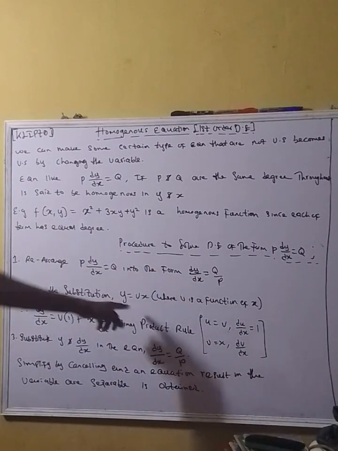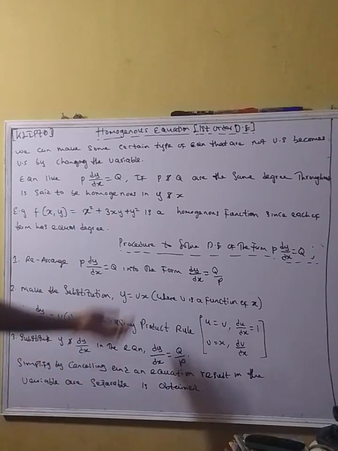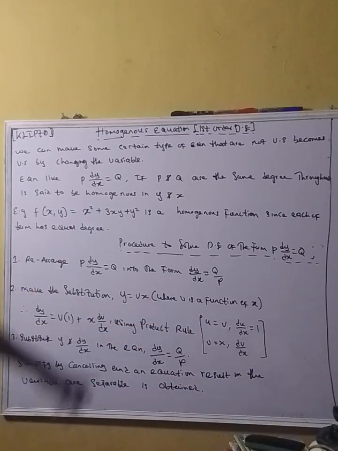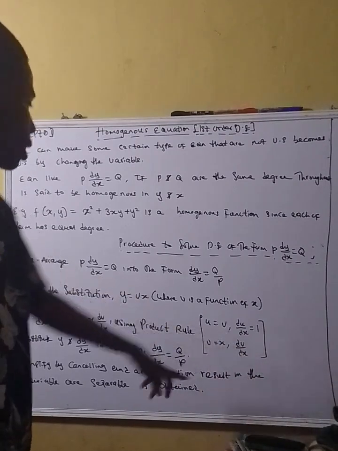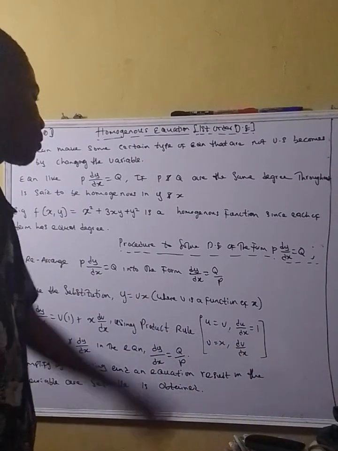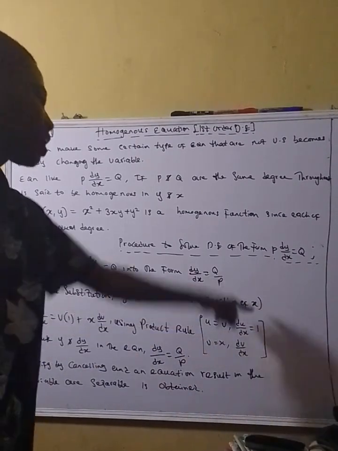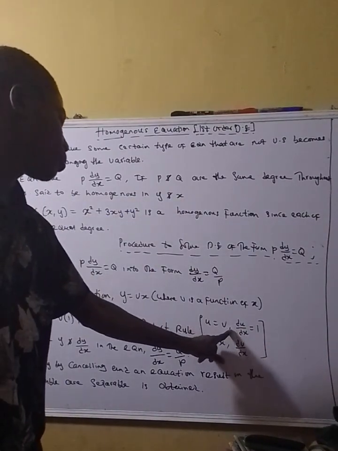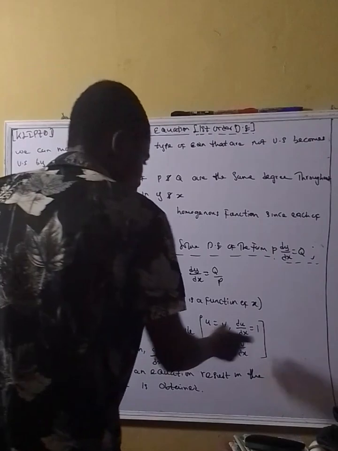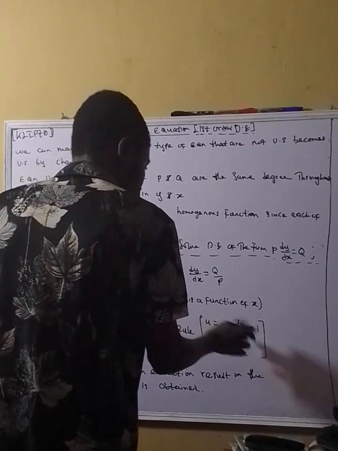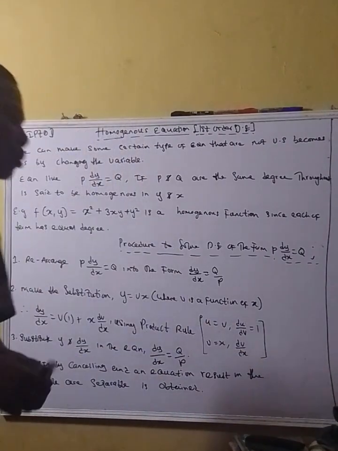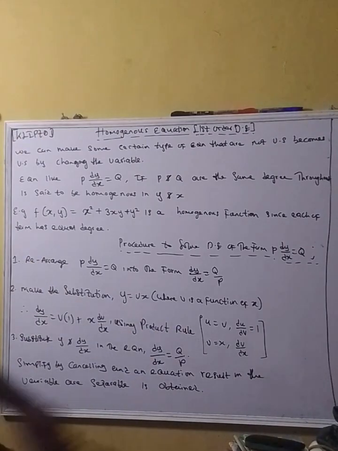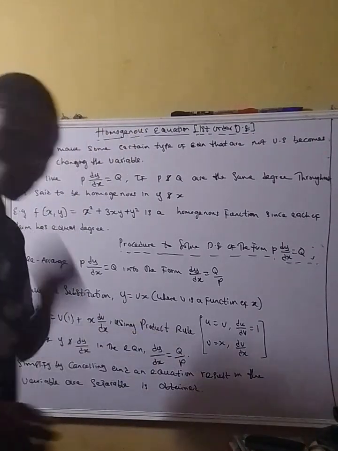So the first thing you have to say is that y equals vx. Since you have v and x, you can apply the product rule, whereby u equals v and v equals x. Differentiating u with respect to x, since v depends on x, you can evaluate it. Are you with me? So du dv equals 1, and then v equals x, so you have the dv with respect to dx.